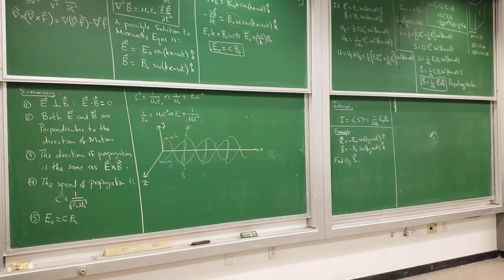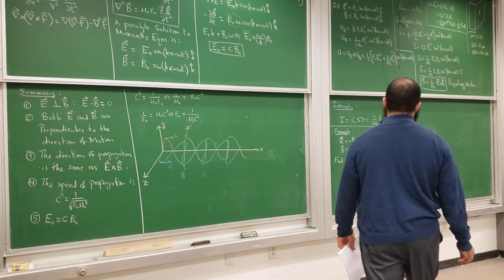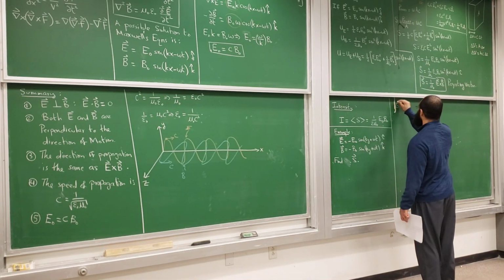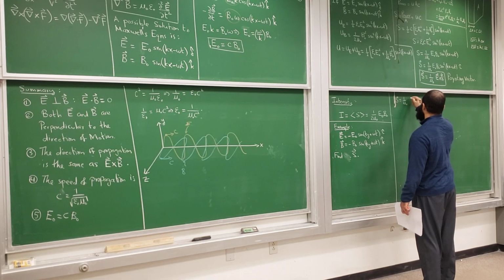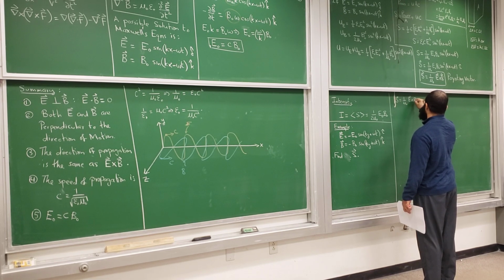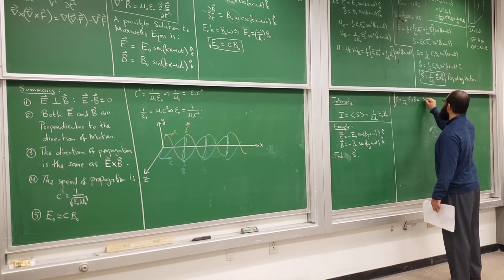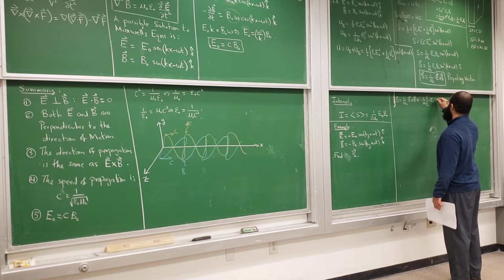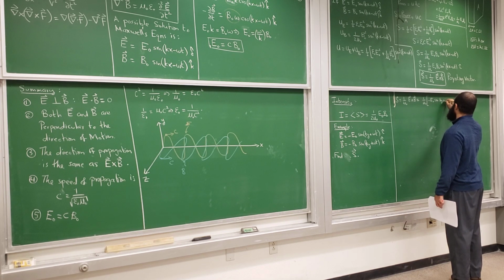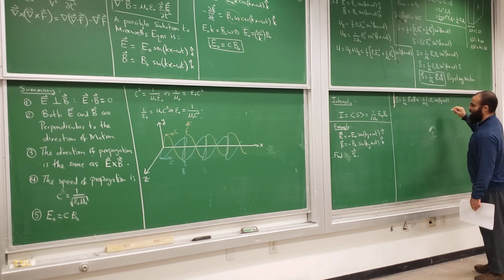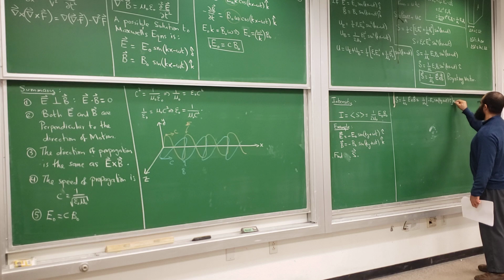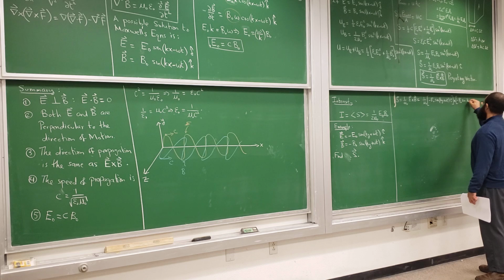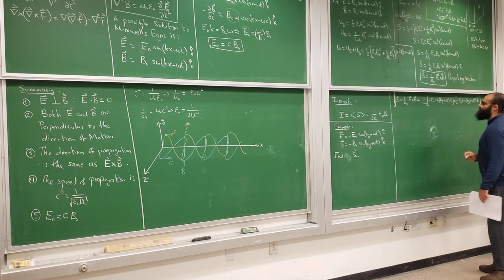So let's do this one. The Poynting vector S is equal to 1 over mu naught E cross B. So I get 1 over mu naught, minus E naught sine of ky plus omega t I hat, cross product with minus B naught sine ky plus omega t k hat direction.